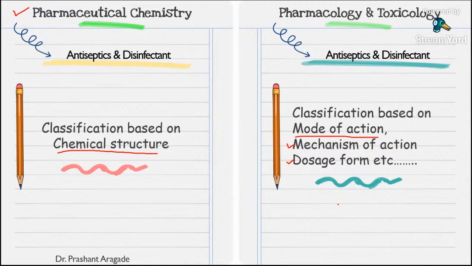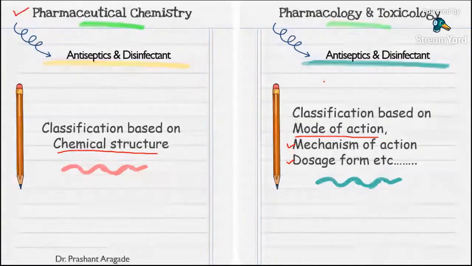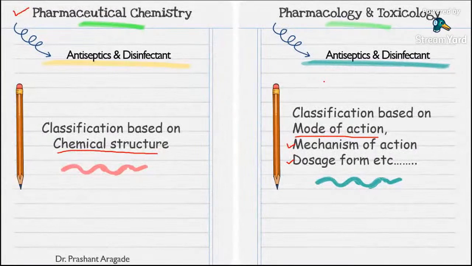Dear students, if you read antiseptics and disinfectants in pharmaceutical chemistry, the same drugs are available in pharmacology and toxicology subjects. So there is no difference between them. The only difference is that the classification methods in both subjects are different.